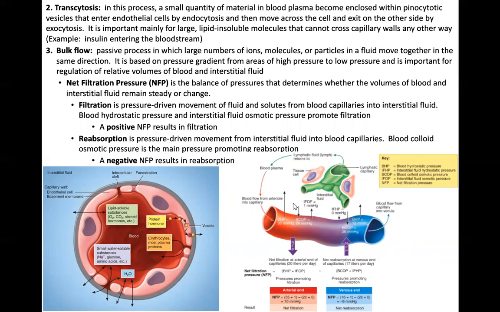Some of them are pointing away from the blood, like these here, meaning we're trying to pull stuff in or out of the blood. And there are 4 pressures: BHP, IFHP, BCOP, IFOP, and then you calculate them by subtracting and ultimately getting this net filtration pressure, where it's either going to be a positive number or a negative number.